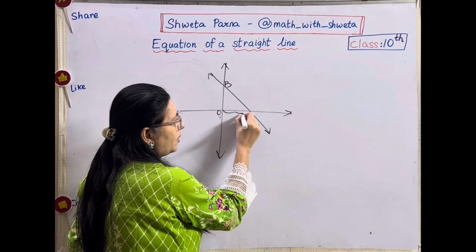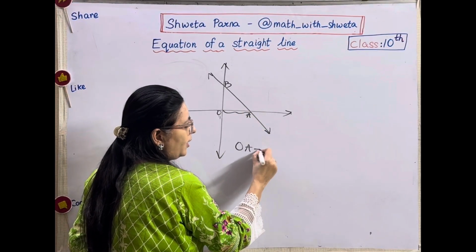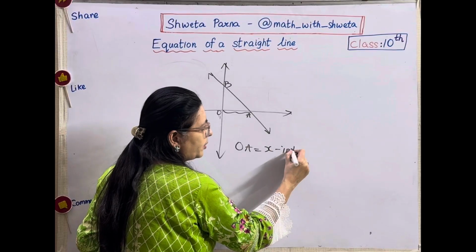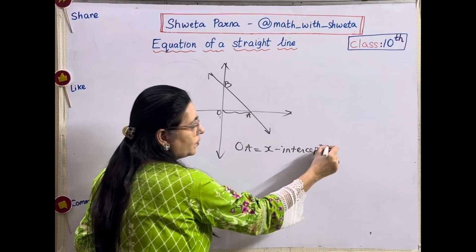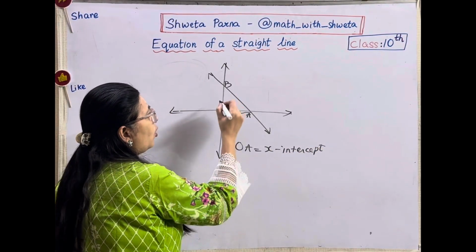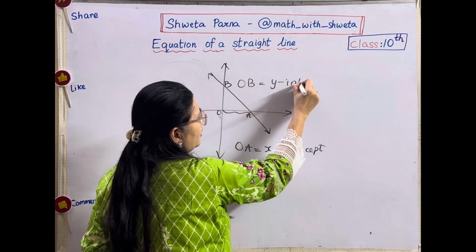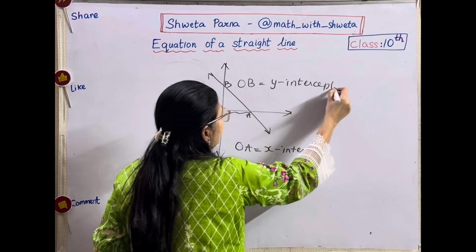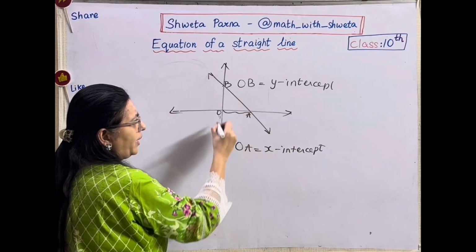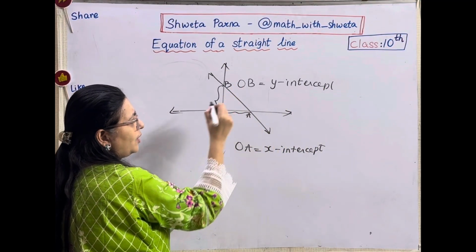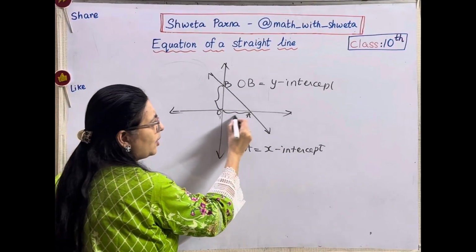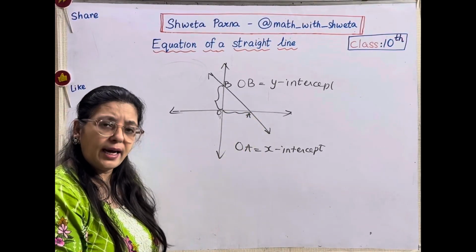So this OA is your x-intercept, and OB becomes your y-intercept. This line cuts the y-axis at point B. So this becomes your y-intercept and this becomes your x-intercept.